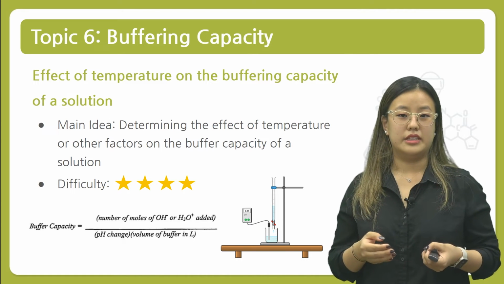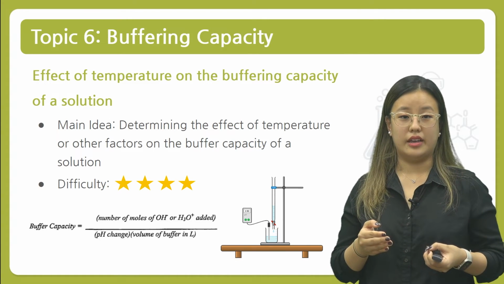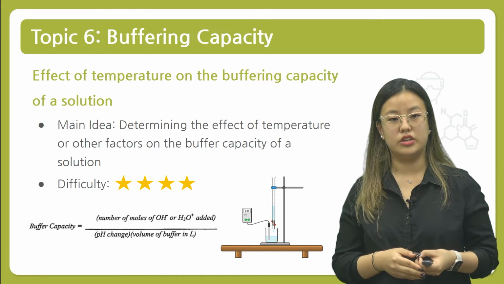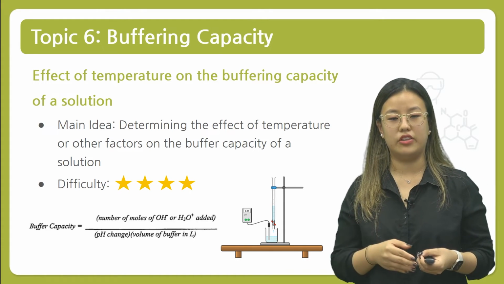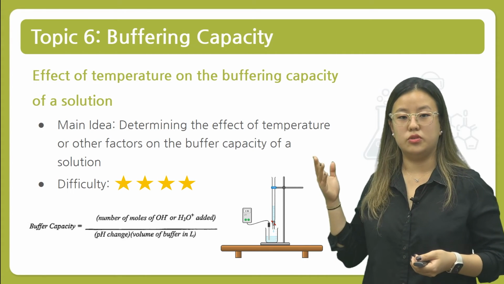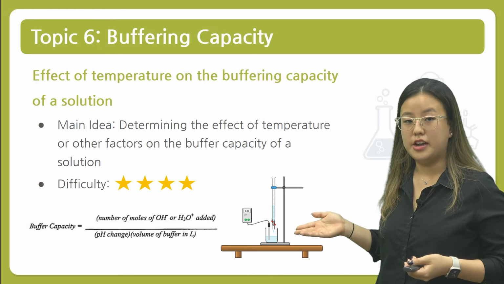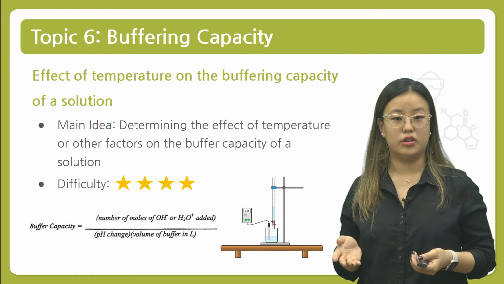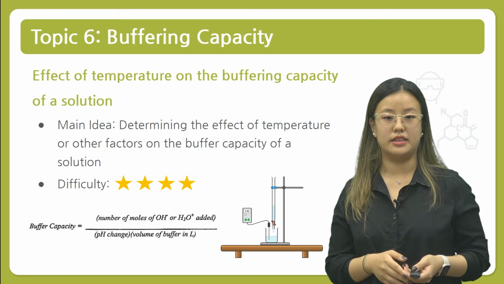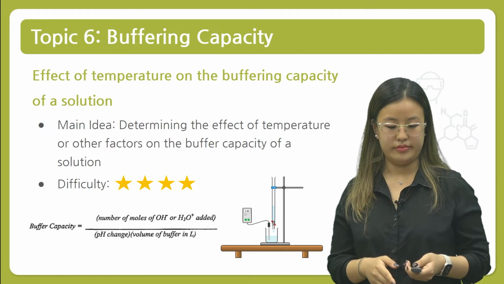But it's simply the amount of OH or H plus added to the solution and how it affects the pH of the solution and the total volume. Here we can do a simple setup with a burette, add an acid or a base, see how much the pH changes, and determine the buffer capacity of the given solution.